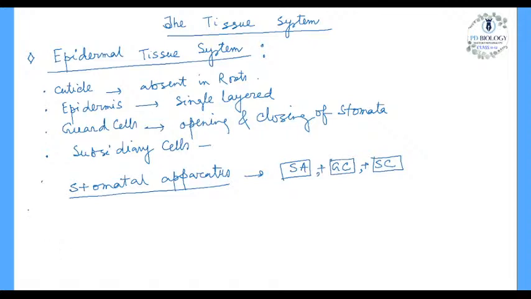In the epidermal tissue system, the root hairs, remember this one, are unicellular. They are elongations of the epidermal cell and help to absorb water and minerals from the soil.